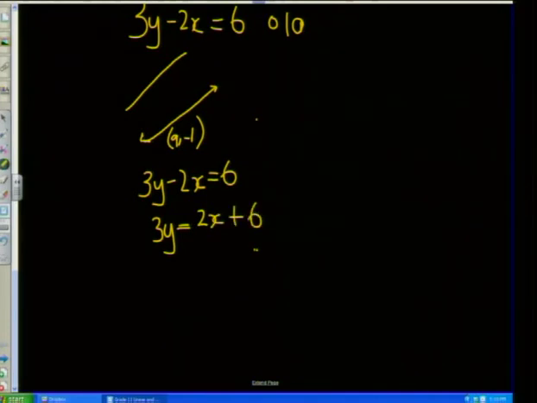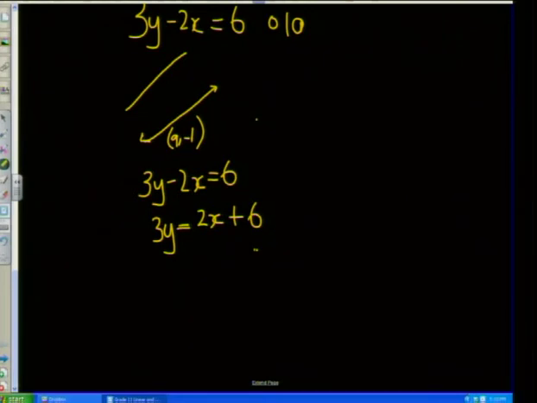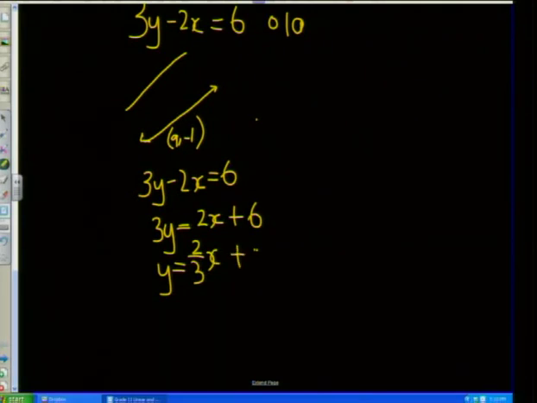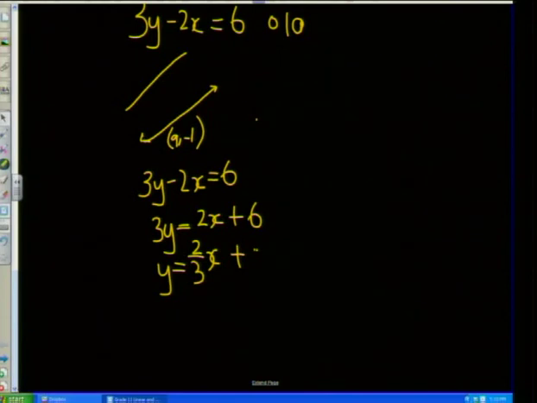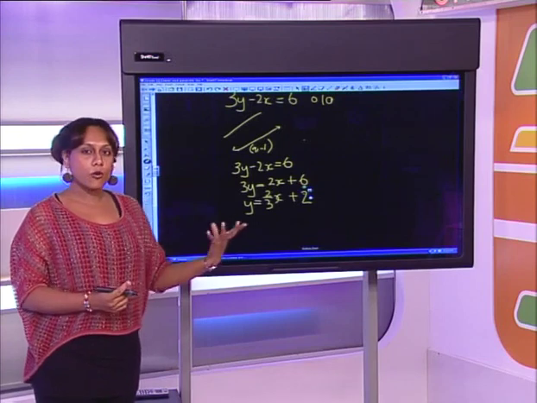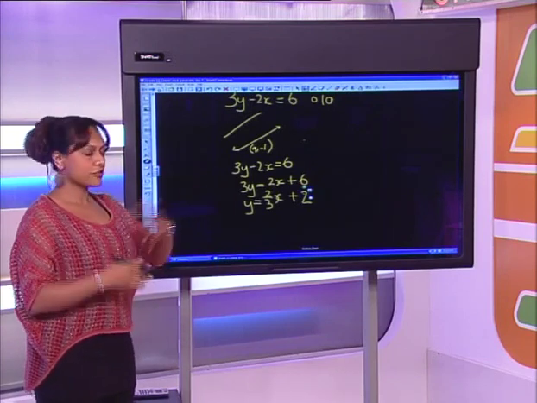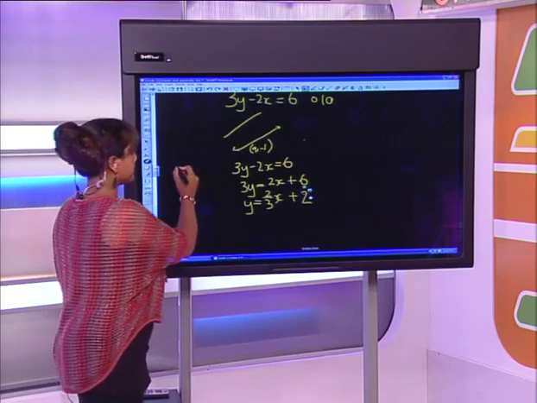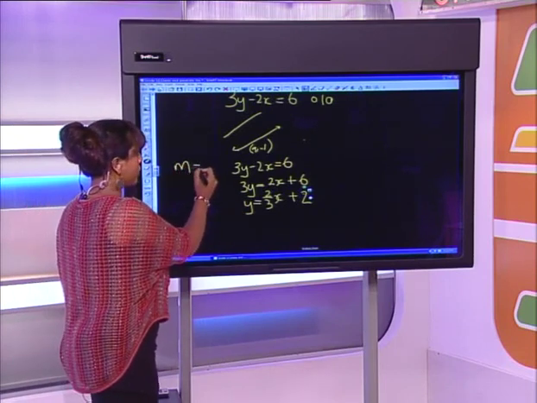So I've got 3y is equal to 2x plus 6. So we divide through by the 3 because we want to get it in that form, y is equal to mx plus c. We don't want the 3 attached to the y on the left hand side. 6 divided by 3 will give me 2. Okay, so guys, if it's in this form, hopefully you can see that we can just read the gradient. The gradient is going to be 2/3. That's the gradient of the old line.